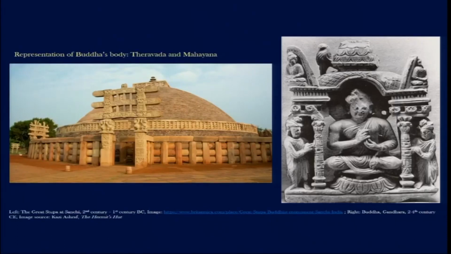So the symbol of Bodhi is much more important than the figure of Buddha itself. That is the reason in the early development of Theravada we find mostly the symbolic representation.